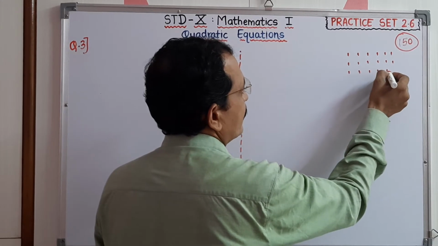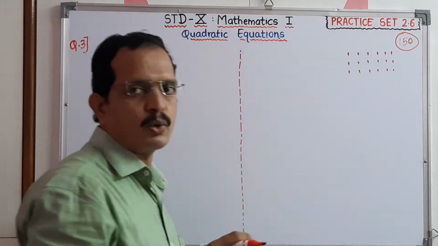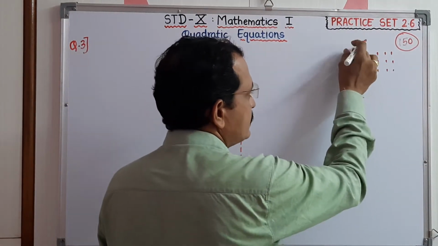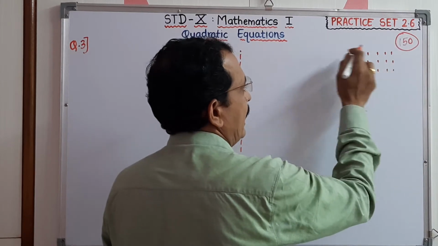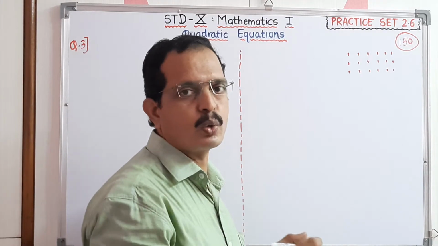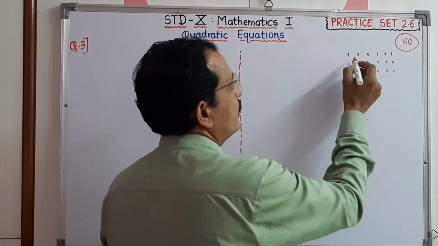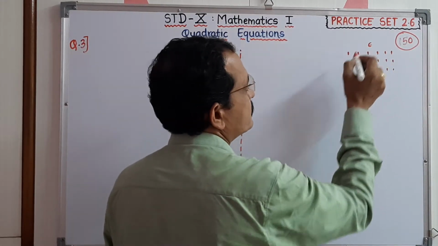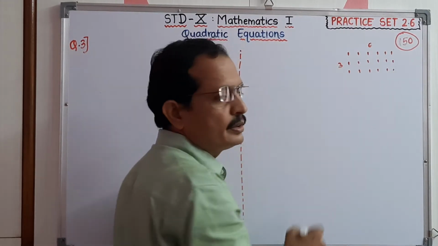Like this. Now see, if we consider this, there are total 6 columns and 3 rows. And if we have to find out the total number of trees, how many columns are there? There are 6 columns. And how many rows are there? 3 rows.